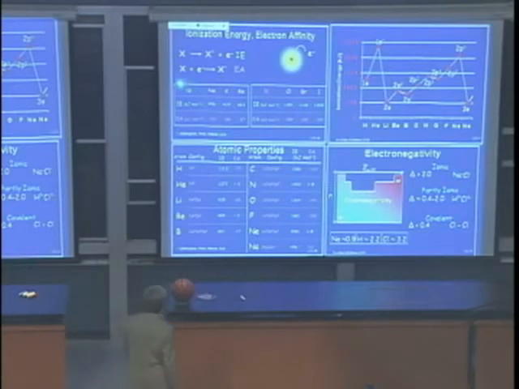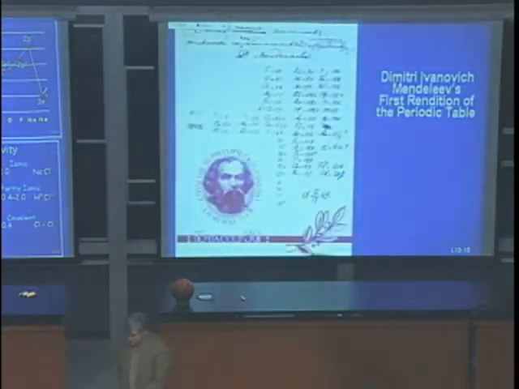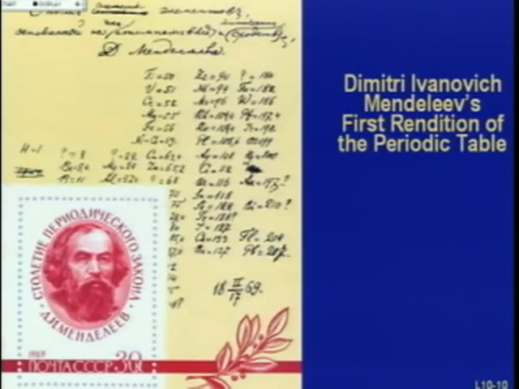So we already talked a little bit about ionization energy, but I would like to talk about the founder of the periodic table, Dmitry Ivanovich Mendeleev. He was a Russian who lived in the 19th century, and he was a professor at St. Petersburg.